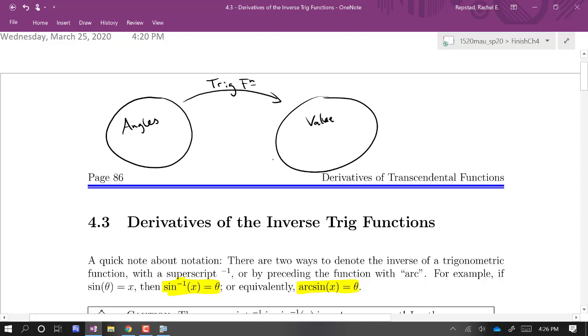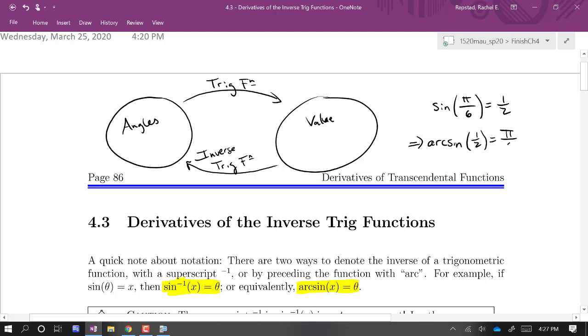And then the inverse trig functions go backwards. So, for example, if sine of pi over 6 is 1/2, that means that arcsine of 1/2 is pi over 6. It's the going backwards function.